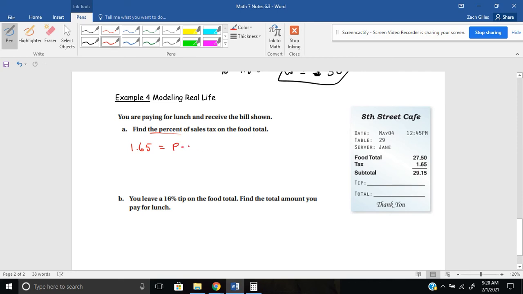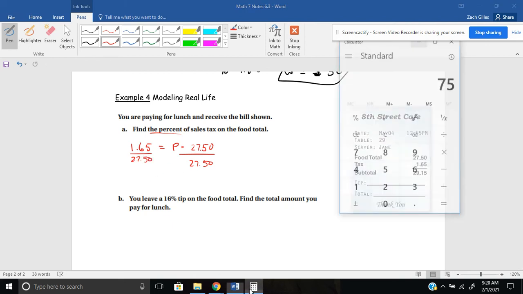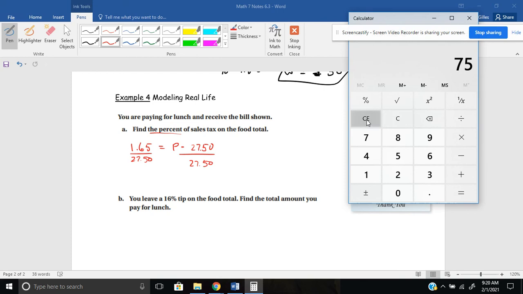We know the total was $27.50. Okay, so to solve for P, I would divide by 2750 on both sides to undo this multiplying. So divide by 2750. Okay, I have 165 divided by 2750 gives me 0.06.